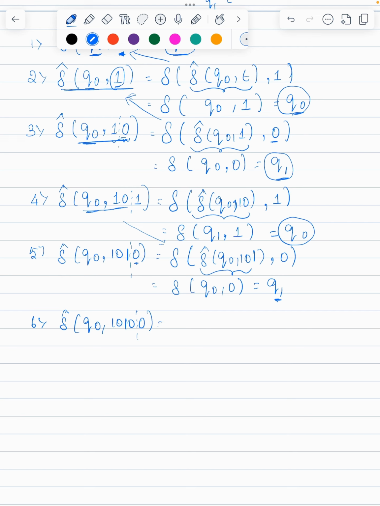Till here it's been already processed. How can it be written? Delta of delta cap of Q naught comma 1010, and the current input symbol is 0. We have an answer, right, from this. That is Q1, which is the resultant state of the previous step, Q1 comma 0.